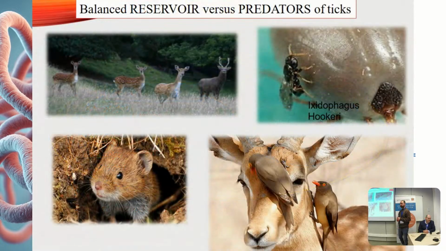As you said, Christophe, there is an equilibrium between the reservoir of the ticks and the predators of the ticks. Rodents are a principal reservoir of ticks, but there is also a parasitoid wasp, Ixodiphagus hookeri, which destroys the ticks.